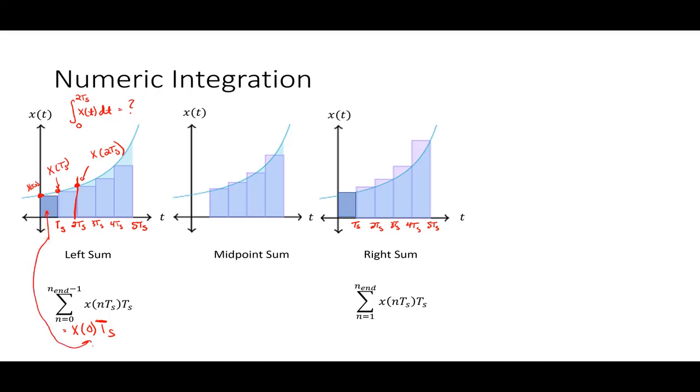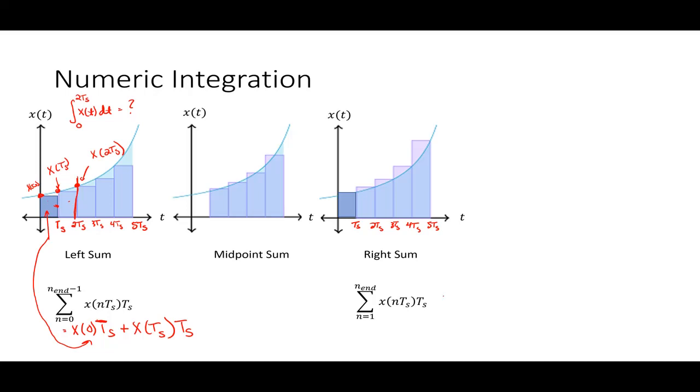Okay? Then I want to add in the next area. The next area would be x of t sub s times t sub s. Okay? In other words, the width of this guy is t sub s. That right there is the area from 0 to 2t sub s, because I've included this rectangle and this rectangle. Okay, that covers everything up to 2t sub s.